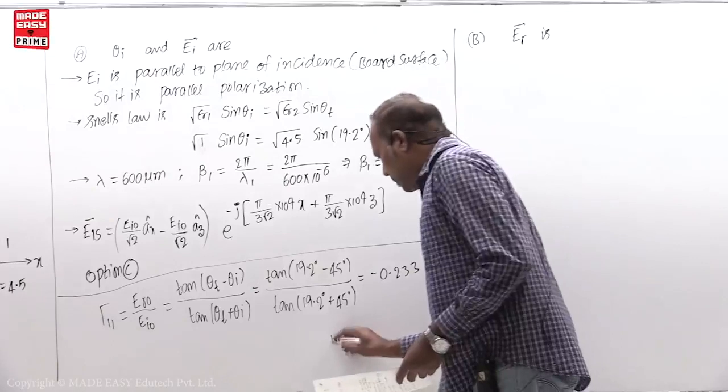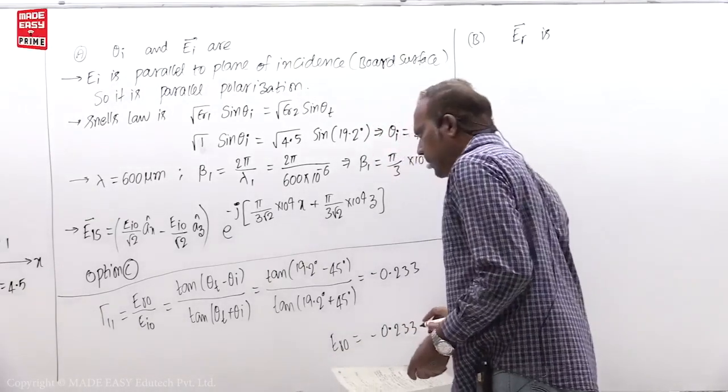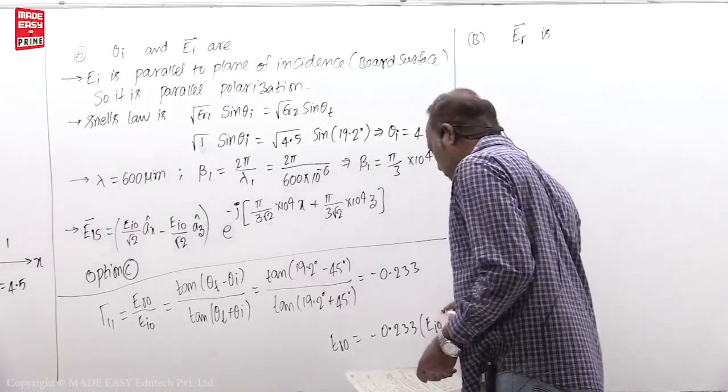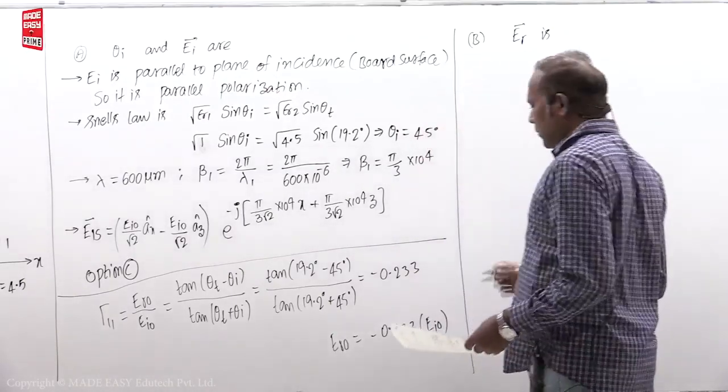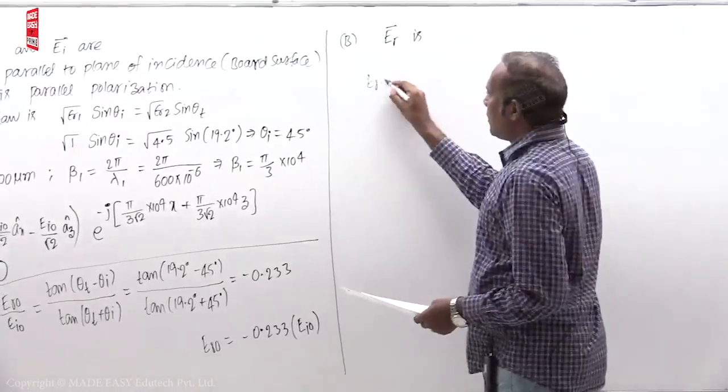Ultimately ER0 is equal to minus 0.233 into EI0.